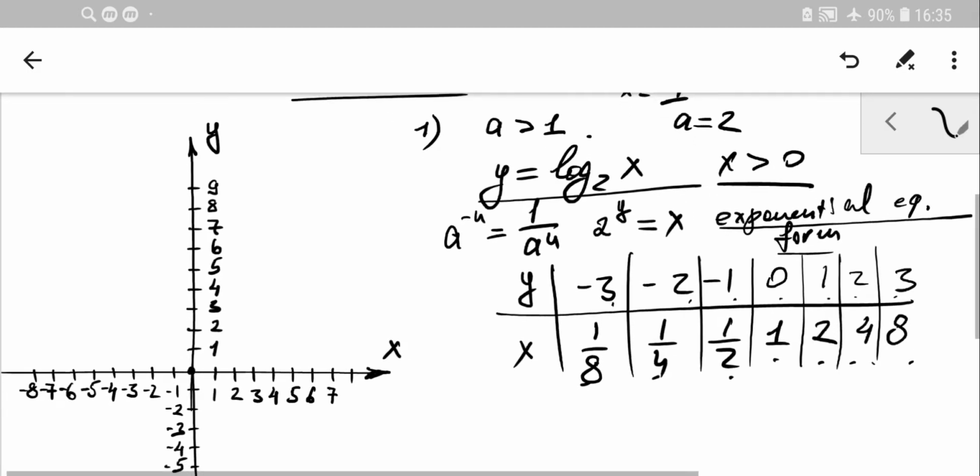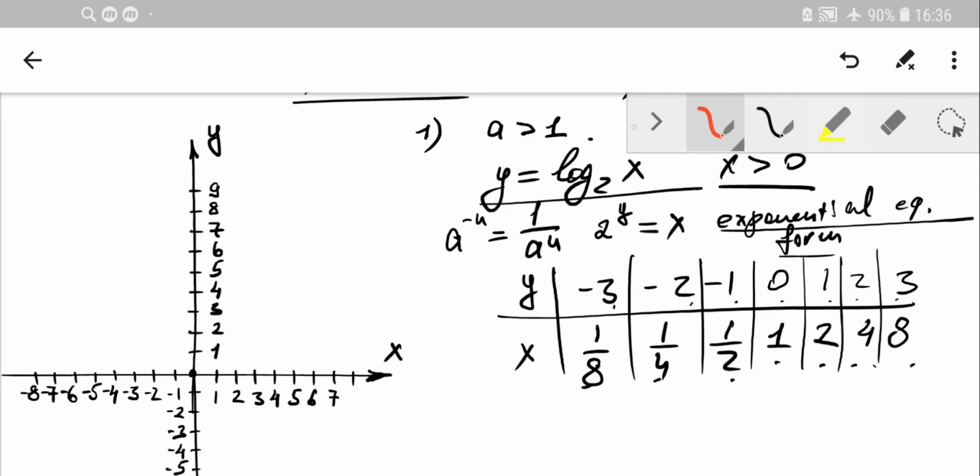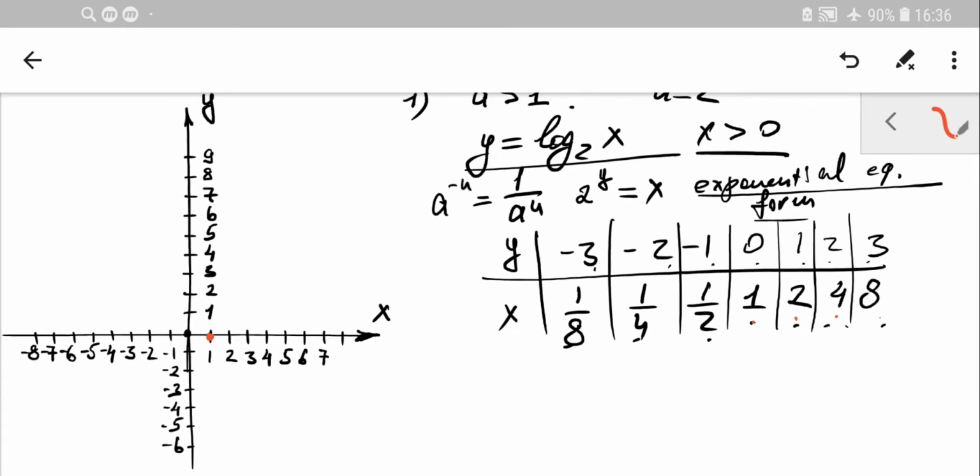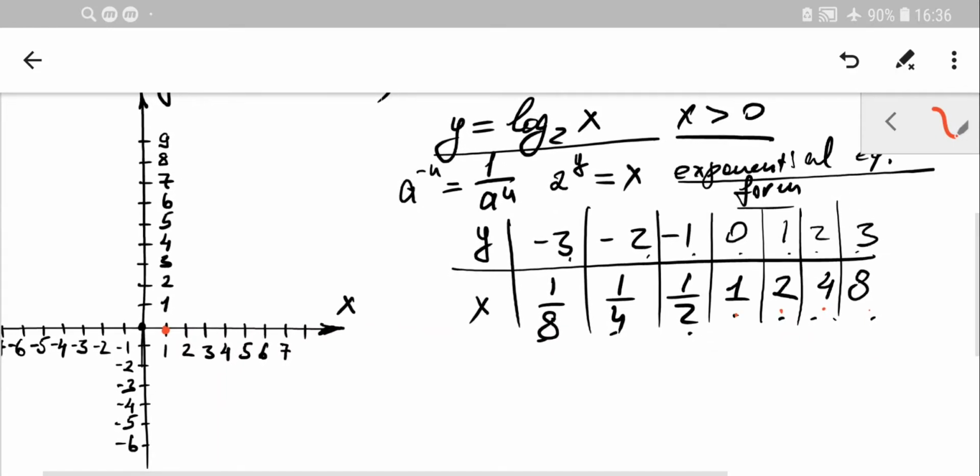Okay, so we are going to plot all those values, and we start from x: 1, 2, 4, 8. So for x equals 1, the value of y is 0. That's the first point on our Cartesian plane. When x is 2, we'll get 1, so that's another point.